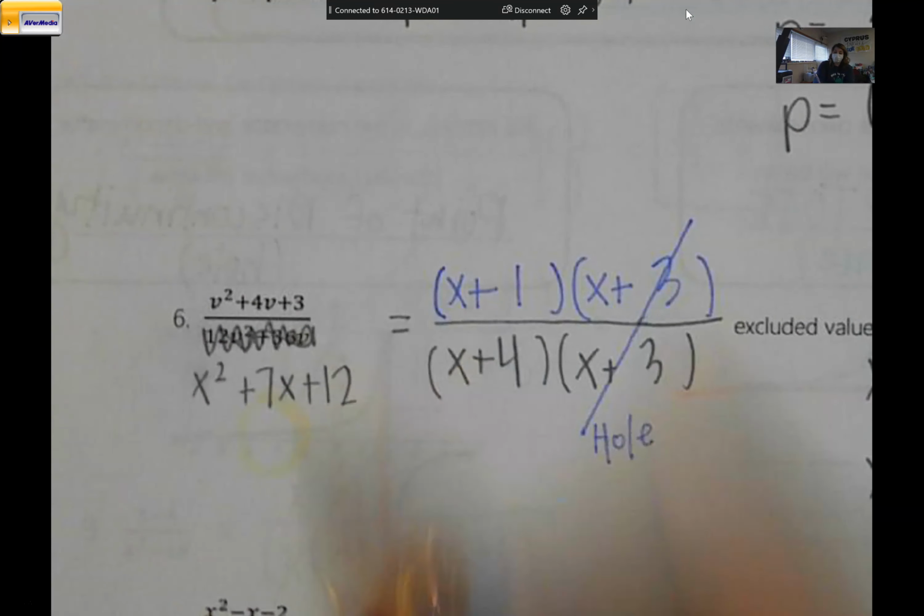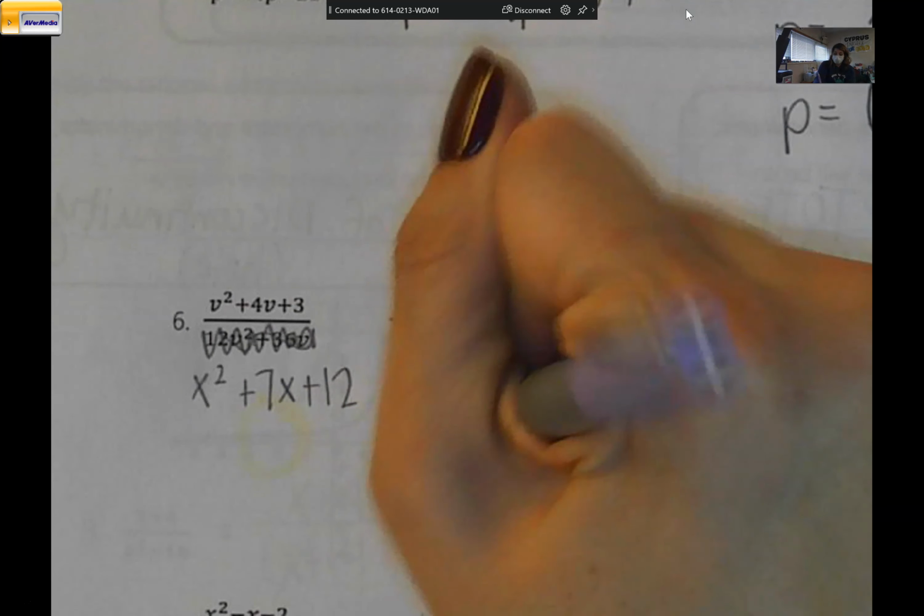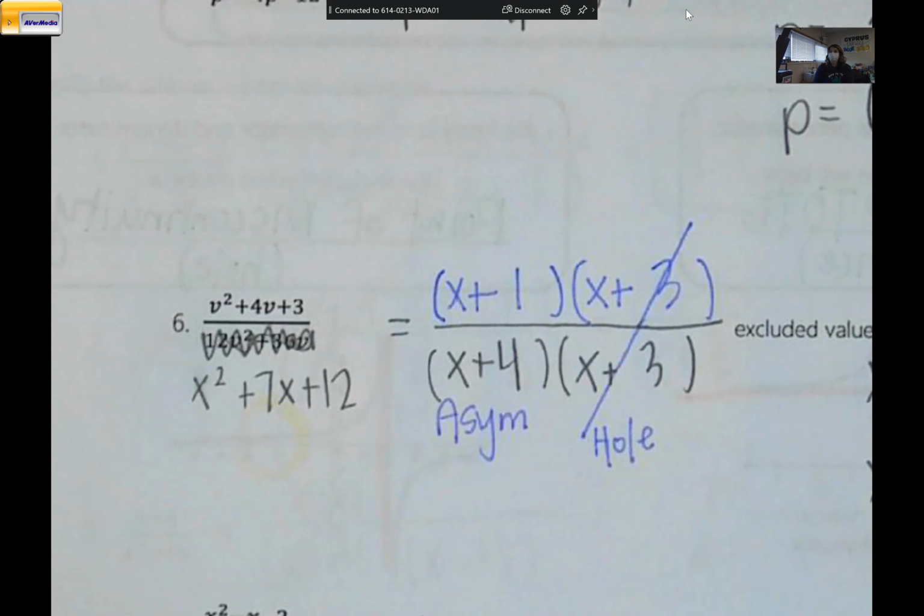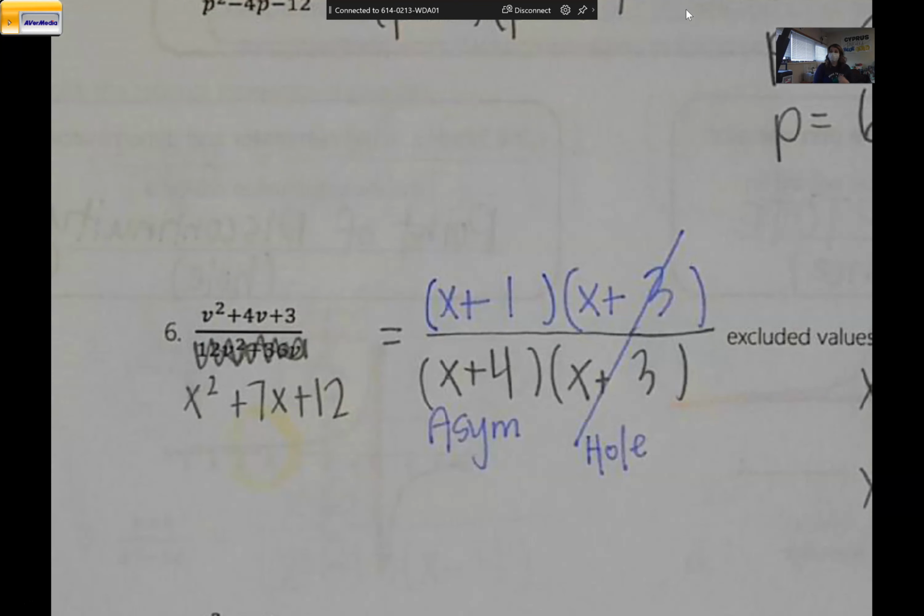This is an asymptote. So if it's in the top and the bottom, it will show up as a hole in your graph. If it is just in the bottom, it ends up being a fence, because remember, x cannot be these values, or else your bottom will be 0, and that's not allowed.